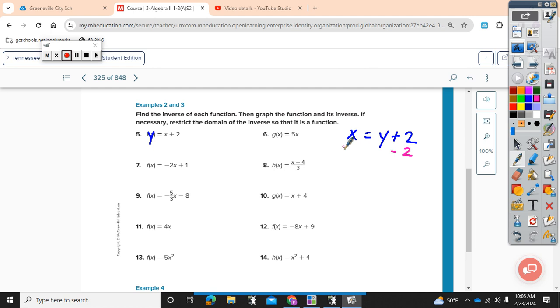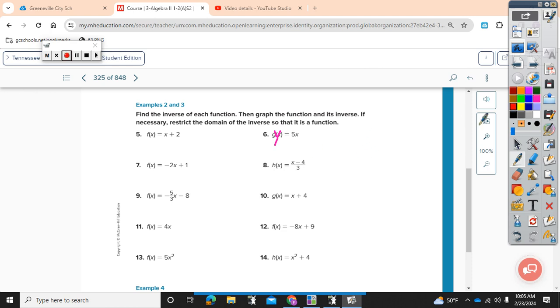So if I have y plus 2, I solve it for y by subtracting 2. So the inverse is y equals x minus 2 for y equals x plus 2. That's basically it. I mean, this does get more difficult because the problems get more difficult. Let me do number 6. I don't want to do all your homework problems.